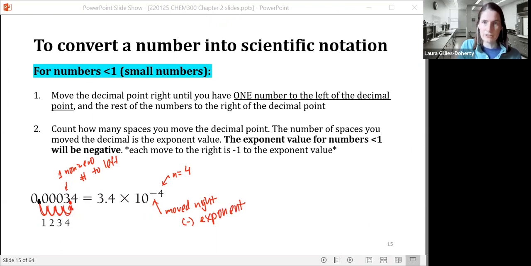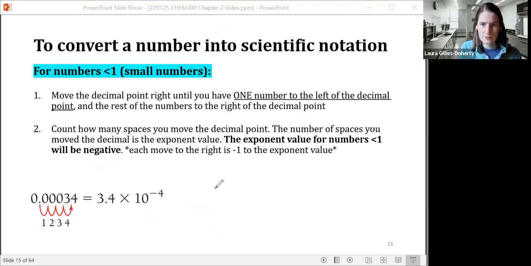Okay, let's do another practice one. Let's take this one and convert it into scientific notation. So you grab the decimal point right here, and I have to move it 2 spots over.